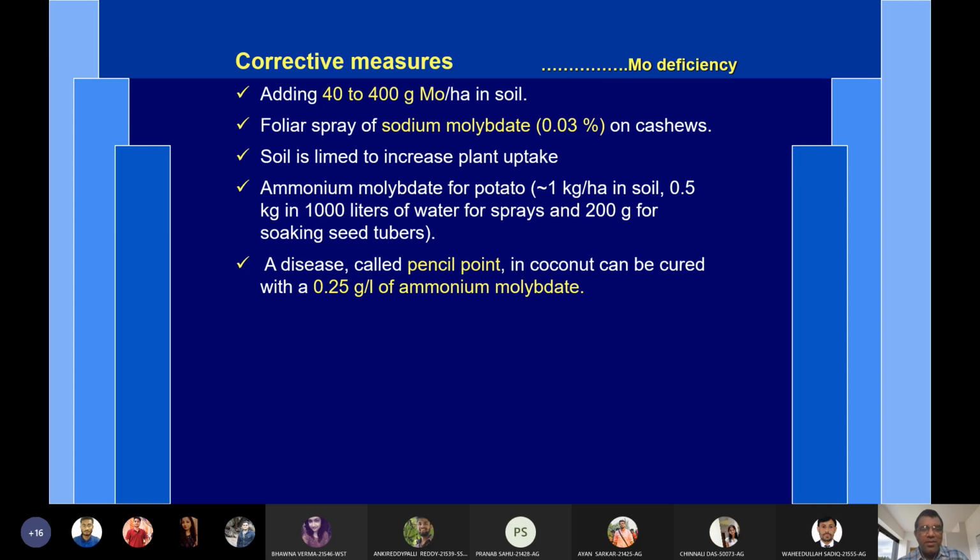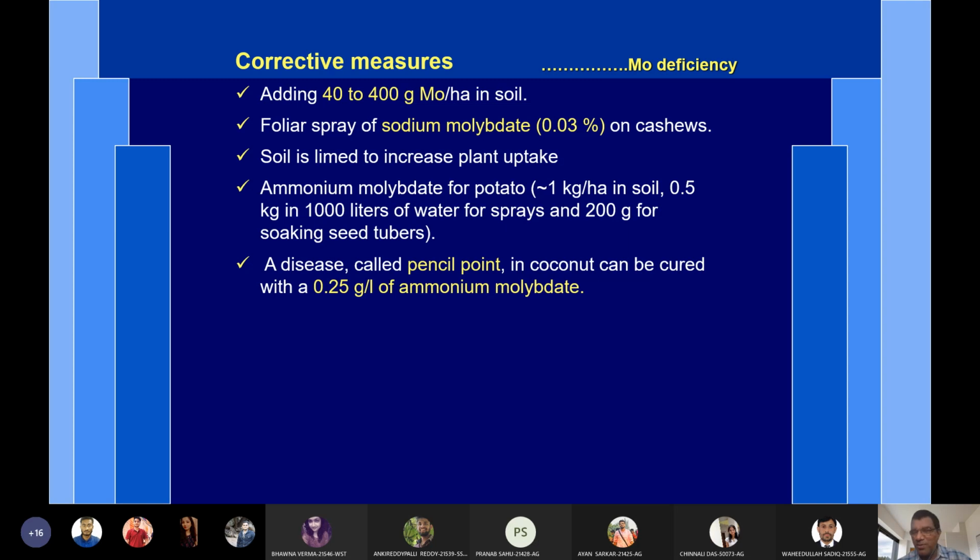It is in grams, just like the quantity of any herbicide, you know. Herbicides are applied at half kg or 1 kg per hectare. So molybdenum is applied at 40 to 400 gram per hectare in soil. And it is difficult to spread such small quantities.